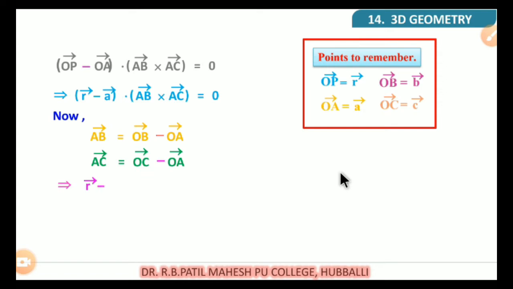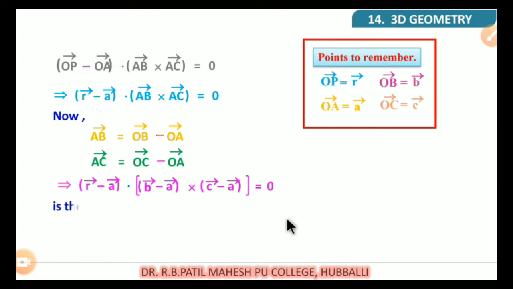Therefore r vector minus a vector whole dot product with AB vector, which can be taken as OB minus OA, that is b minus a vector, cross product with AC vector, that is OC minus OA, meaning c minus a vector, which is equal to 0.